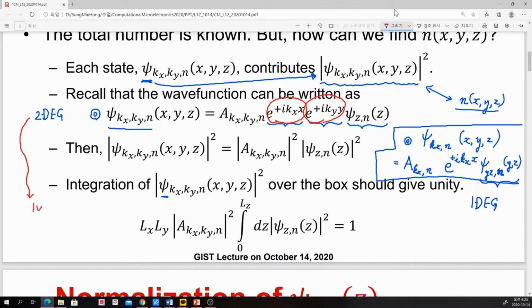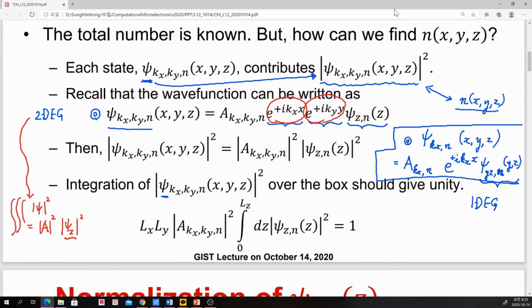So the absolute square of psi is just given by A squared, and also psi_z squared. Here psi_z is the z-directional wave function, which corresponds to just a 5 nanometer thick or just nanometer thick structure, and we have to triple integrate it over our XYZ structure.